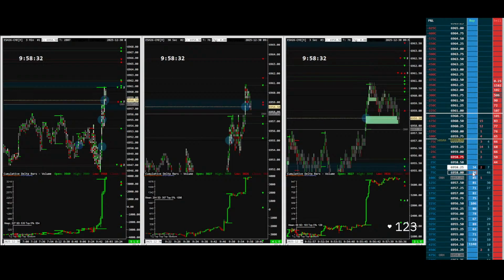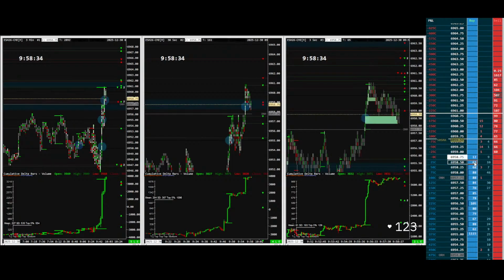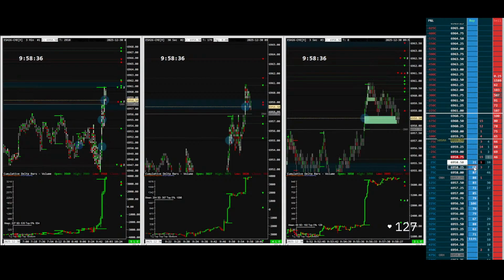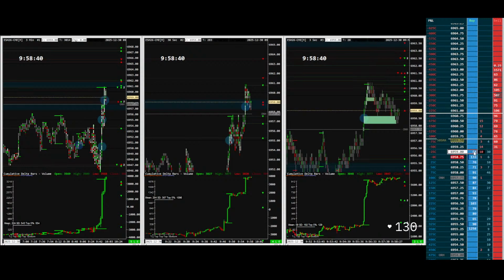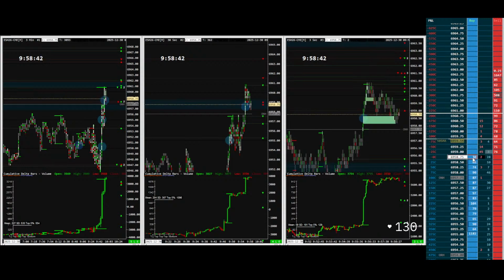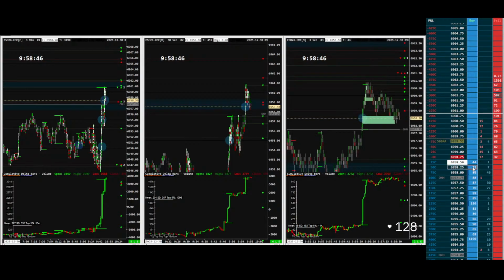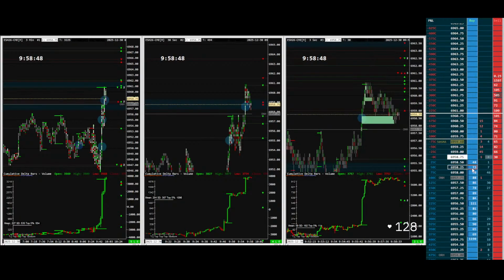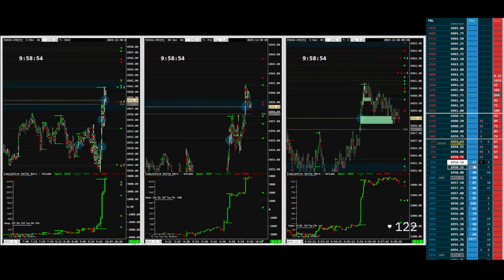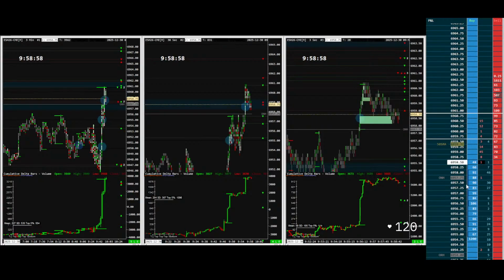I'm pulse checking a short. It's kind of getting stuck here. I'd probably take mine off for a 1 tick win.